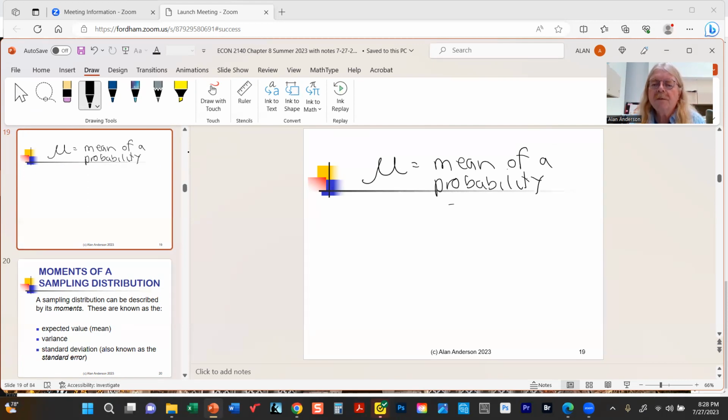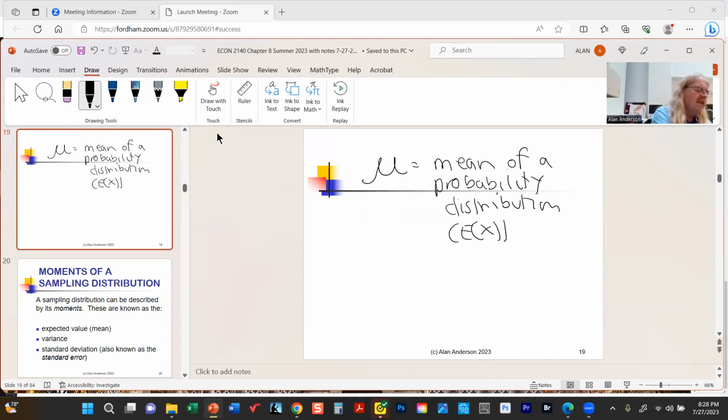Although when we do, we often write it as expected value of X. Okay, so expected value of X and mu mean the same thing. In this context, they both represent the mean of a probability distribution to distinguish it from the mean of a population. Now, you might wonder, why don't we have different notation for these different cases? Well, we don't, but it should be clear from whatever problem you're working on that you are in fact treating this as the mean of a probability distribution.